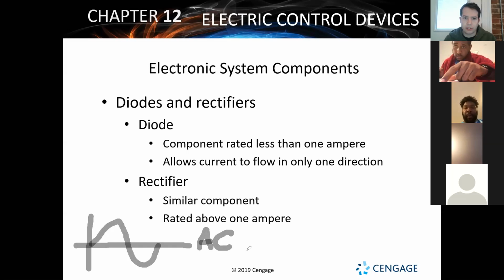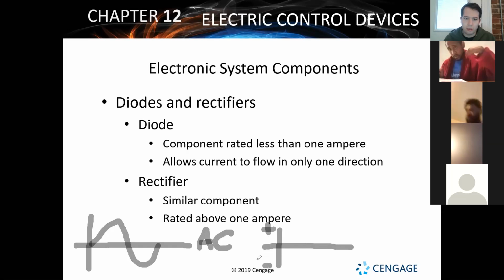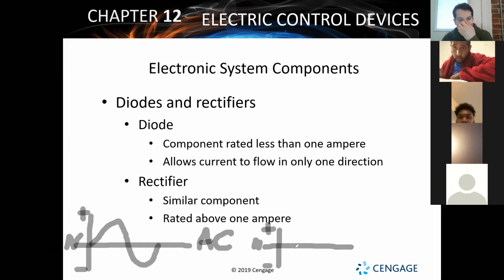This looks like a third grader did this, but it's okay. Now DC current, at the top here, you've got positive, negative, and neutral. DC current looks more or less like little hills. It just goes up to positive and then back down to neutral. It's going to go in a single direction.